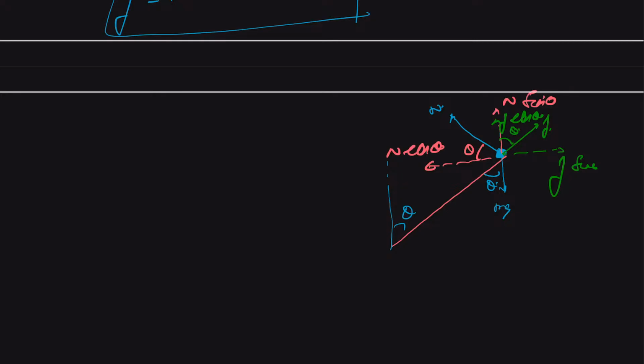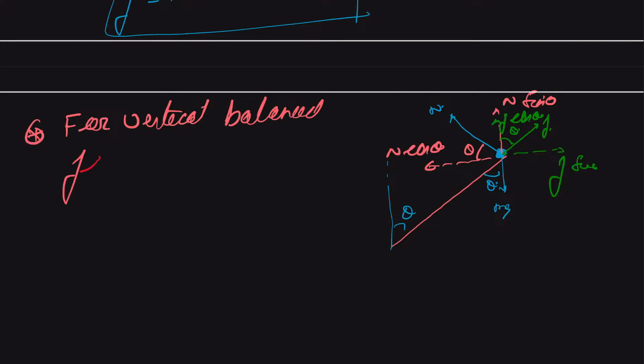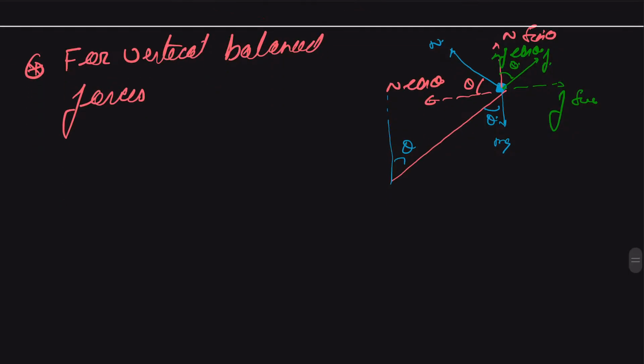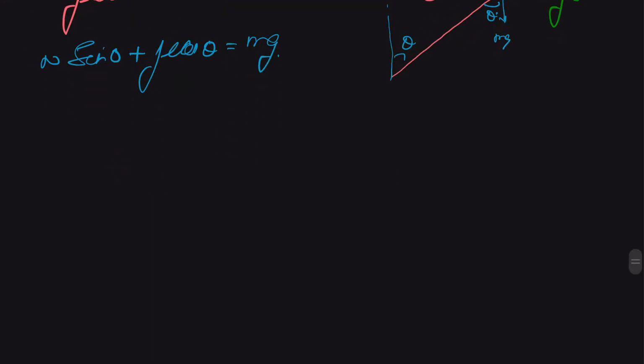Okay, so we can say for vertical balanced forces, we can write that N sine of theta plus F cos of theta is equal to mg, and from here we can write that N is equal to mg minus F cos of theta divided by sine theta.